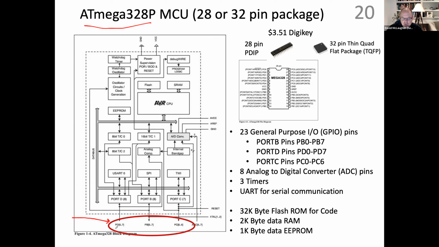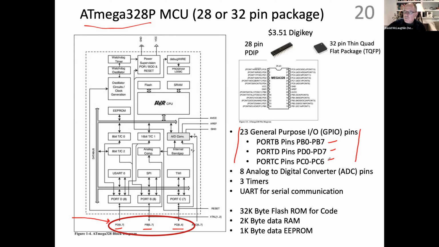This is where the chip interacts with the physical world. It has these ports, port D, port B, and port C. This chip is characterized over here on the right as having 23 general purpose input-output pins, or GPIO pins. They're in 3 different ports, port B, port D, and port C. It turns out ports B and D have 8 pins and port C has 7 pins.